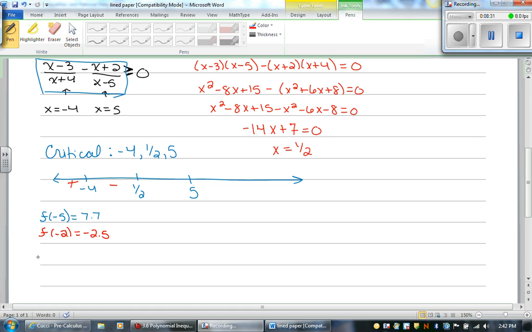So 3 is a nice value to use. And that's going to give me 2.5, which is a positive value. And then above 5, we can use 6, which is going to give us -7.7. So there's our negative. So now this wanted where it was greater than or equal to 0, so where it's positive and equal.